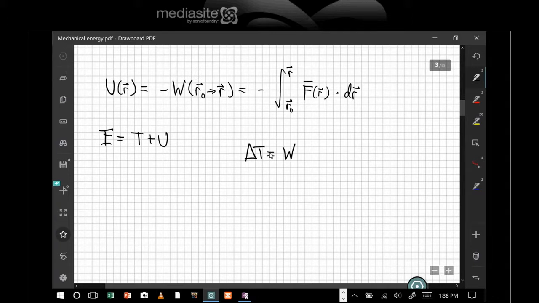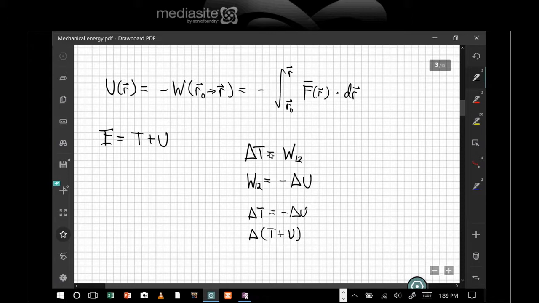However, for a conservative force only, the work done from 1 to 2 is equal to minus the change in potential energy. So these two are equal: delta T is equal to minus delta U, or delta of (T plus U) is equal to 0.